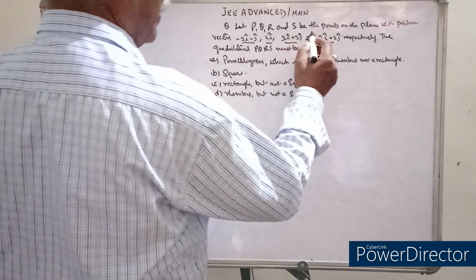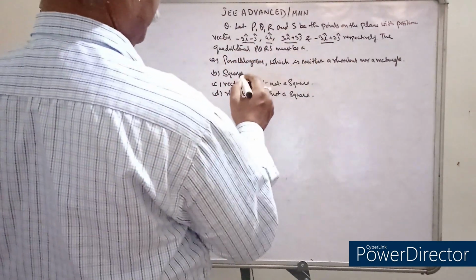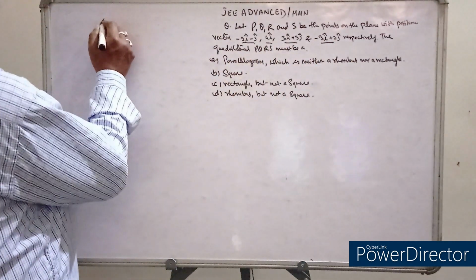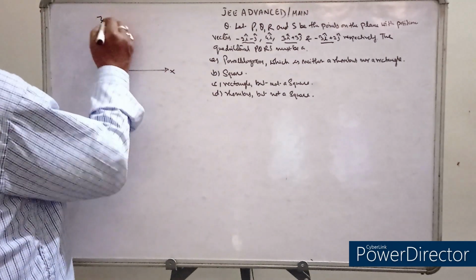Let P, Q, R, S be the points on the plane with the position vector this. So here let me draw the graph, that is x, y, z.